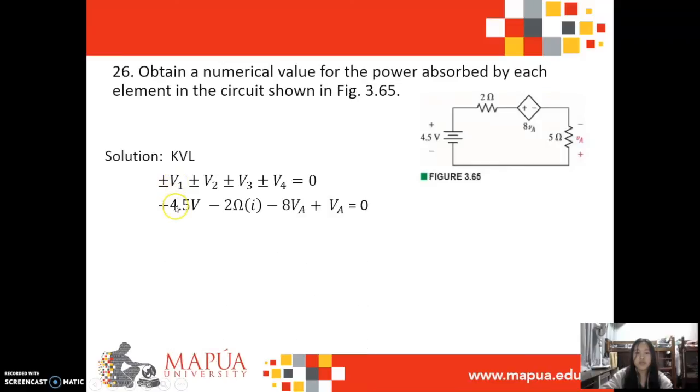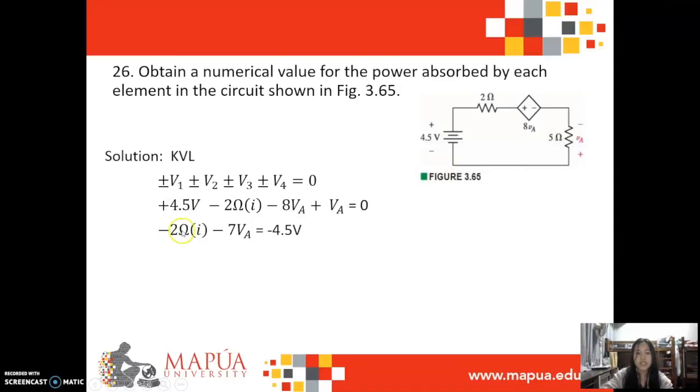So for V1, we have positive 4.5 volts minus 2 ohms times current minus 8 VA, and our voltage 4 is plus VA. So we will combine this and transpose V1 to the other side.